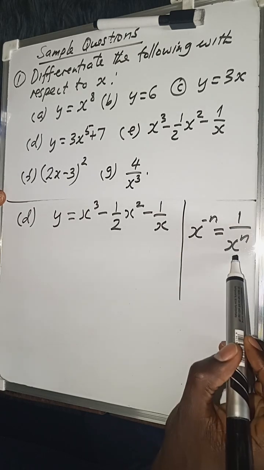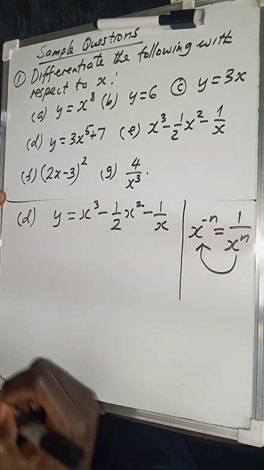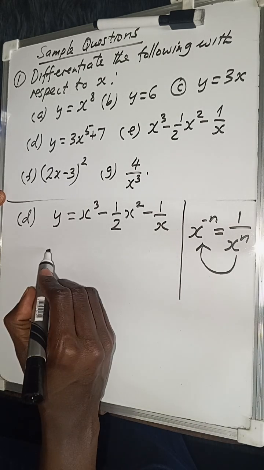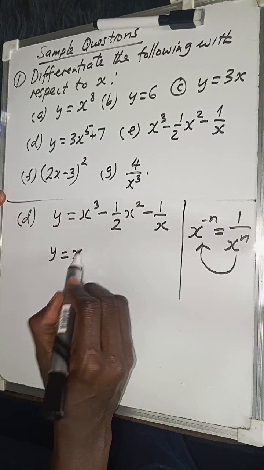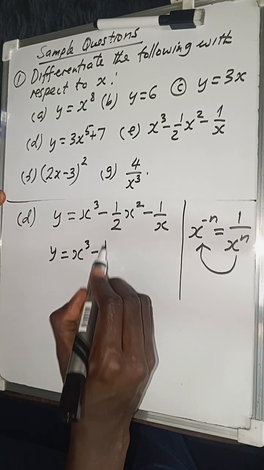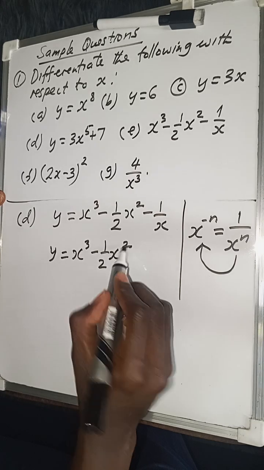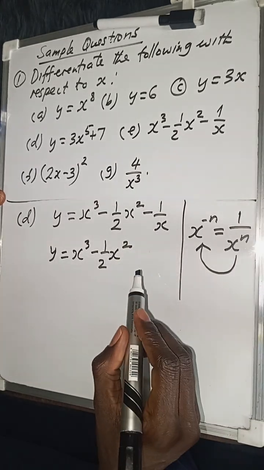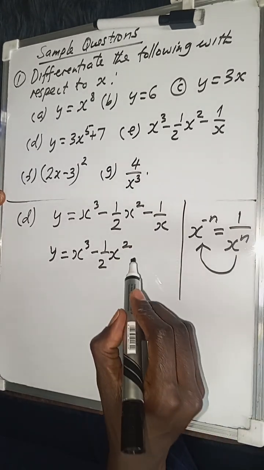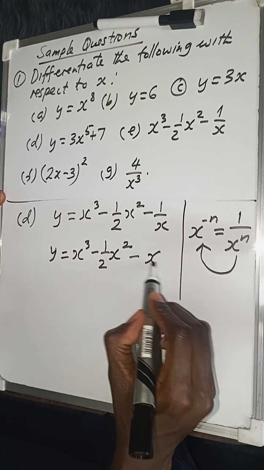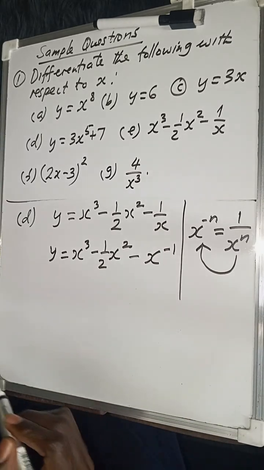So it is possible for you to go back in that direction. So I can rewrite this as x to the power 3 minus 1 over 2x to the power 2. This 1 over x can be written as x to the power minus 1.